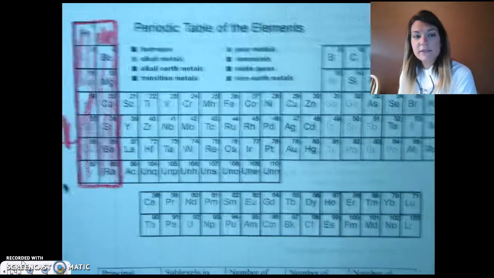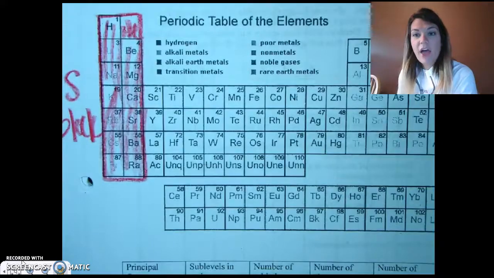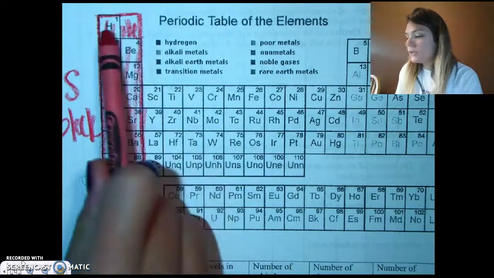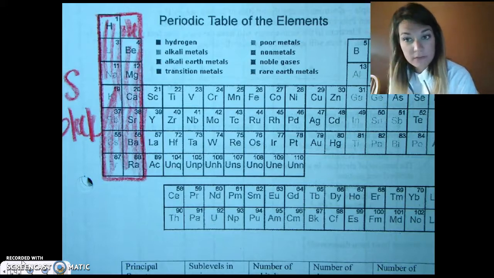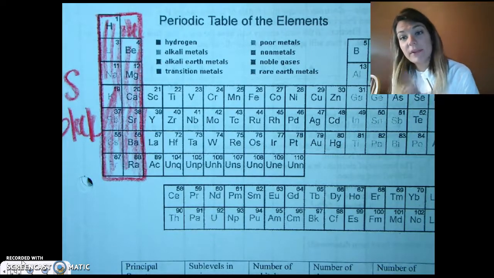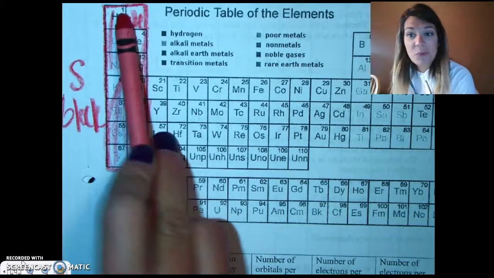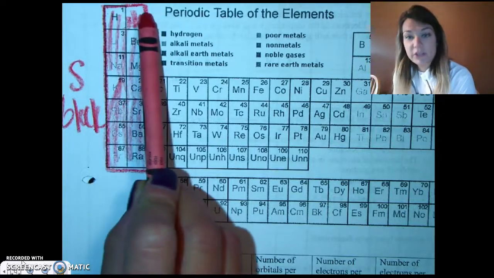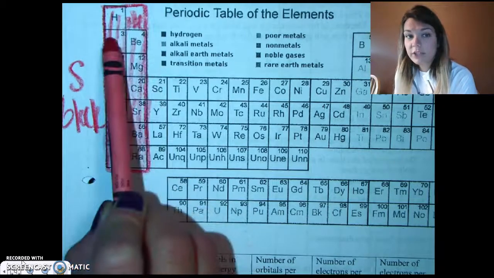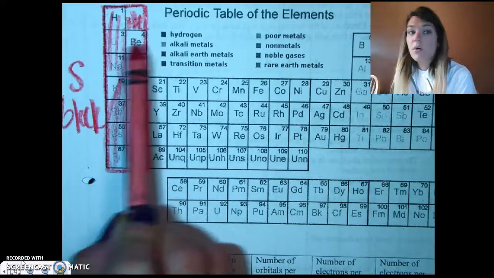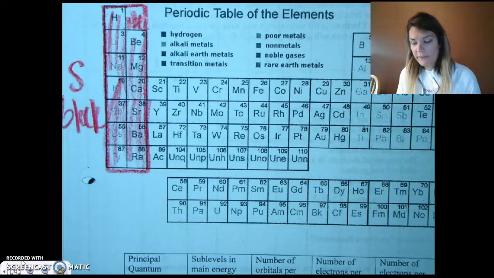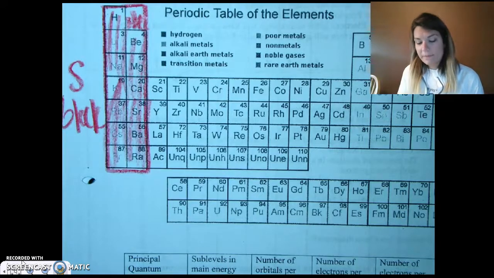It's called the s block because if s can only hold 2 electrons, then as I move from left to right, I'm going from 1 valence electron, an outermost shell electron, to 2 electrons. 1 electron to 2 electrons. I'm not moving up any more electrons. So that's the s block.